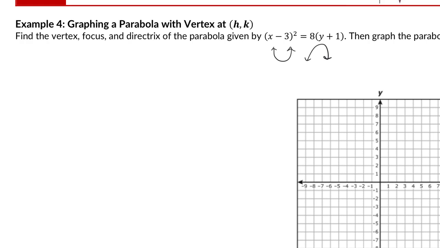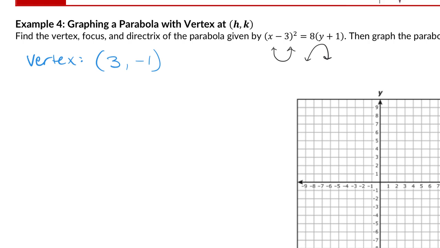Let's start with the easiest thing. What is the vertex here? Vertex is h comma k. What's the number that is added or subtracted to x right now? So the h coordinate is next to x, so this is 3, and then I think I heard it, -1.